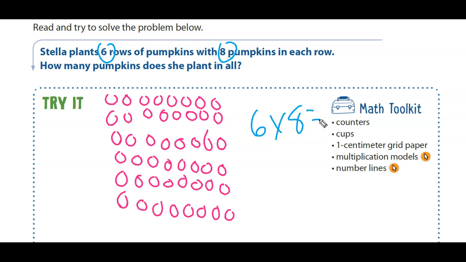So we did arrays, we did equal groups, and what was the third strategy? Break apart, right? So I could break it apart like this.